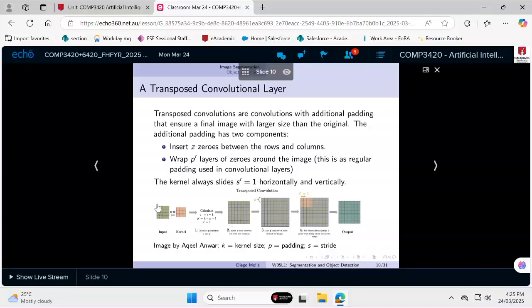So in this example, the green represents the original input feature space. And then in this example, Z is 1, P bar is 1. And that means it's going to add this part here, and these gray rows and columns, that's the extra padding being added.